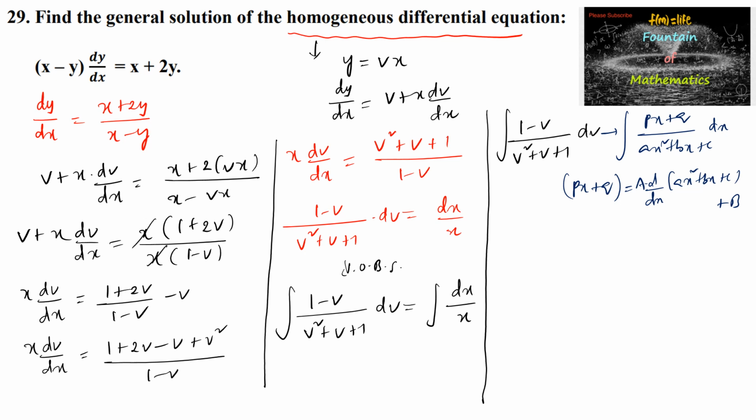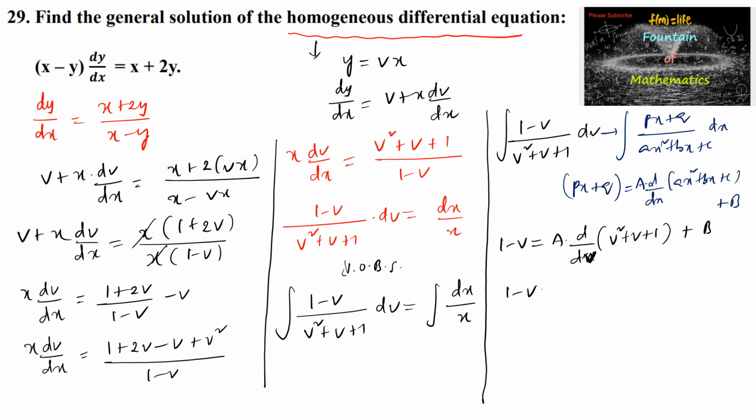So here we can write 1 minus v is equal to a into d by dx of the denominator, that is v square plus v plus 1. Let us differentiate with respect to v, plus again some constant b.